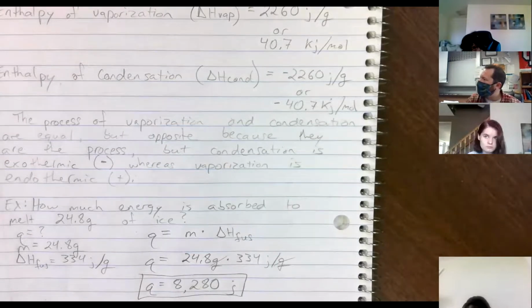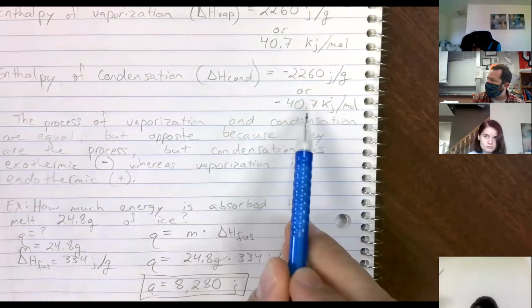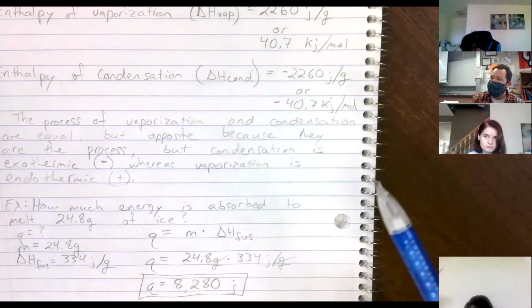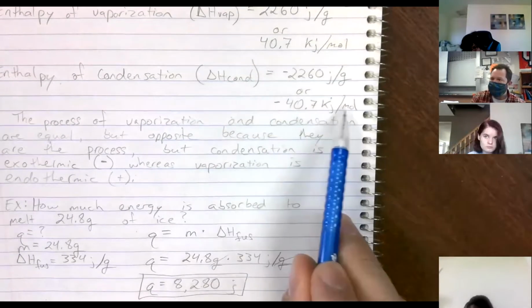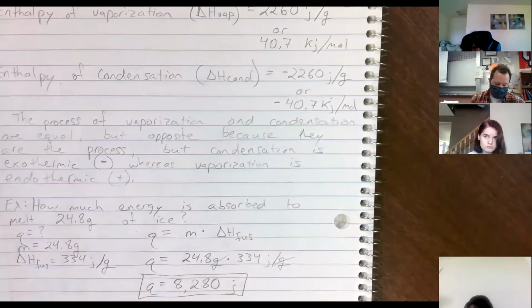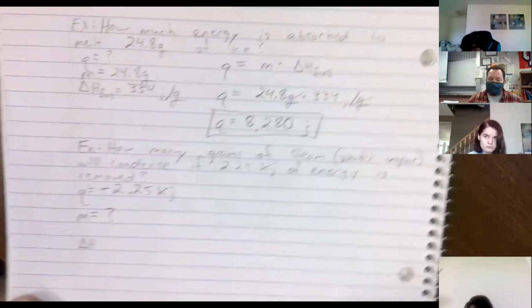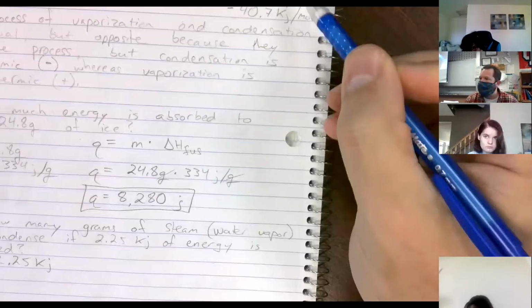If we use the negative 40.7 kilojoules per mole, our answer is going to be in moles. So when you get done, you have to convert it to grams because the question's asking for grams. That's fine. There's nothing wrong with doing that.